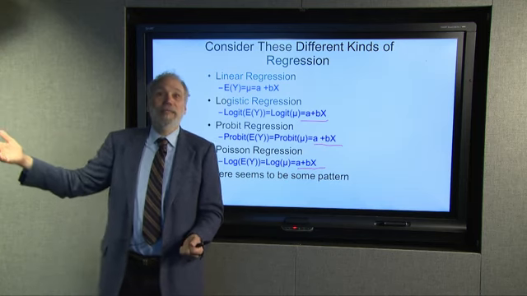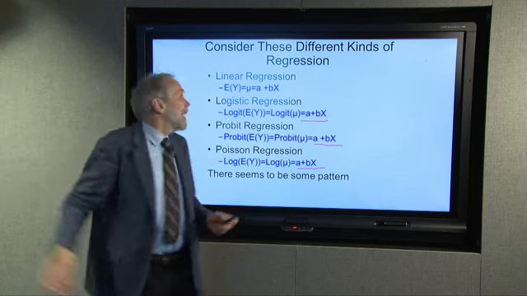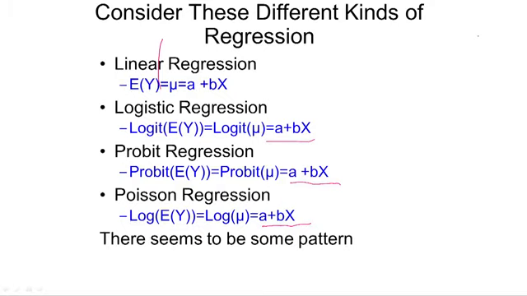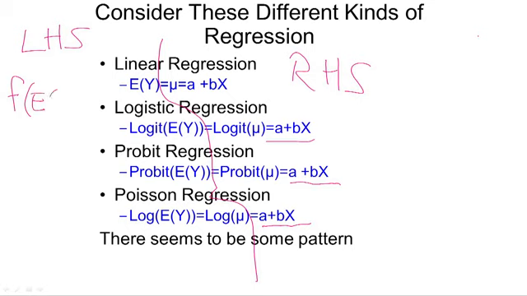This happy family is all the same because the right-hand side of these equations are all the same. A plus B1, X1 plus B2, X2, etc. And they're all the same because the left-hand side is some function of the expected value of y.